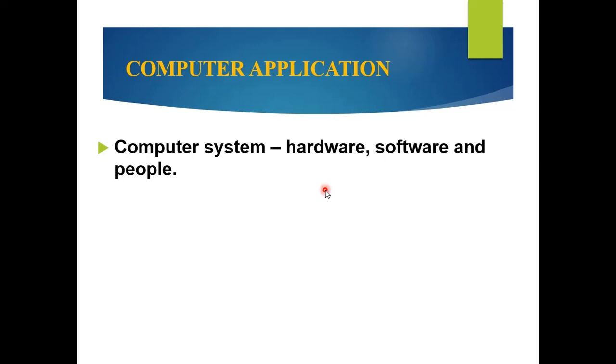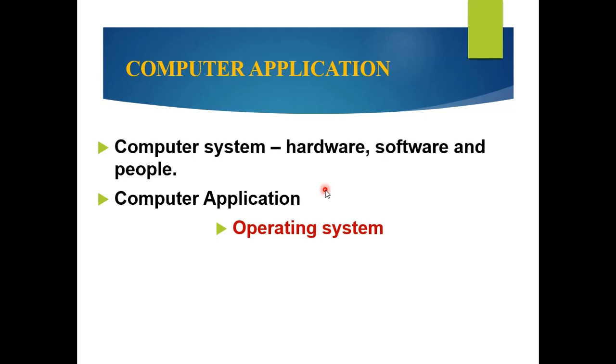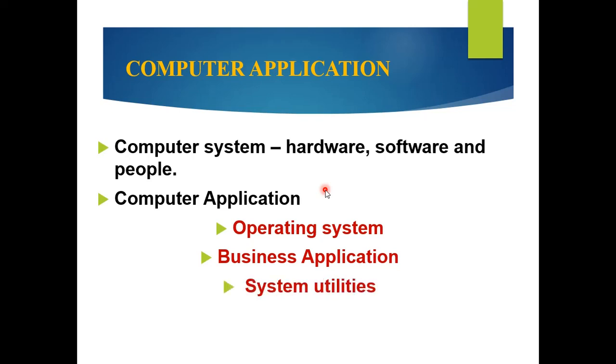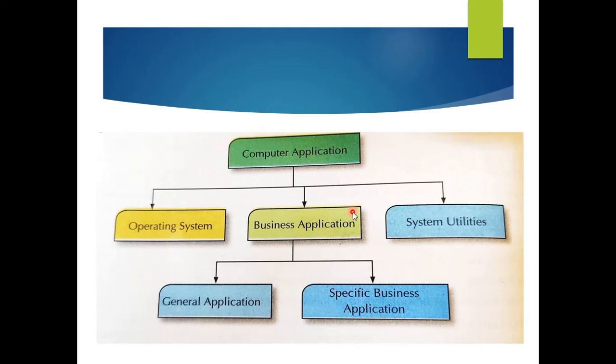Now let's see about computer application. Computer applications can be classified into three types: operating system, business application, system utilities. Here you can see the flowchart which represents the computer application.